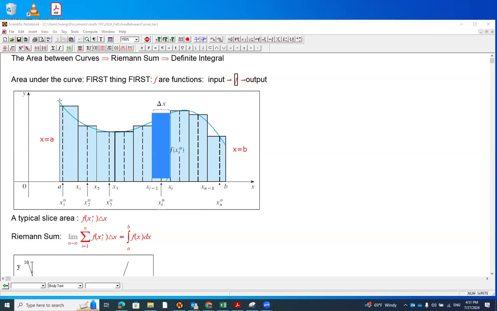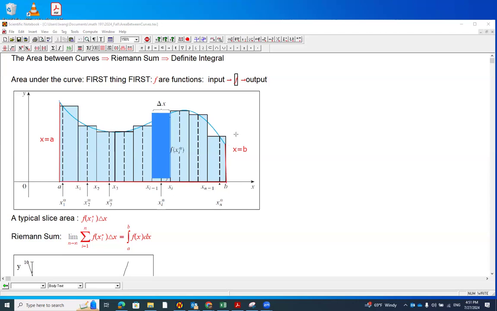Let me change it to red. It's right here. So this piece has one straight line, two straight lines, and three straight lines. Only one side is curly.